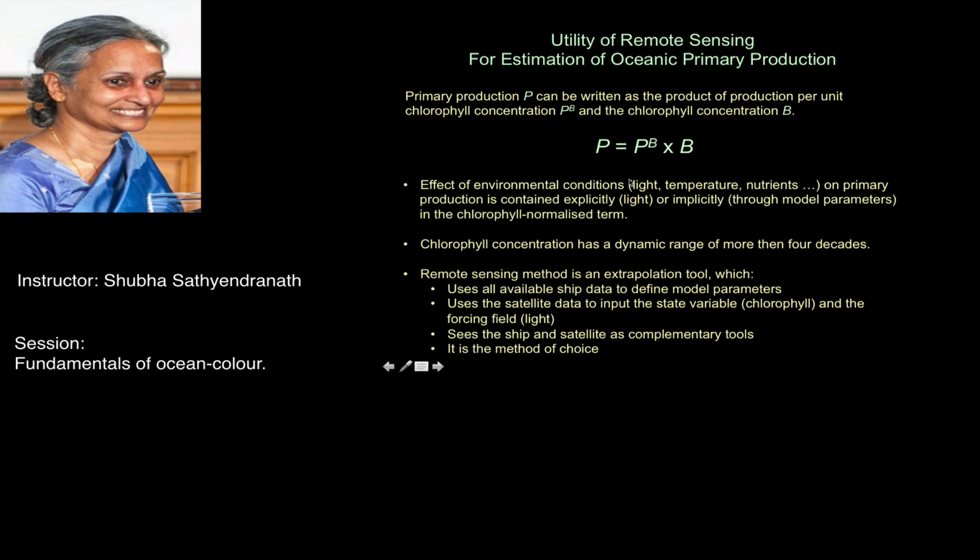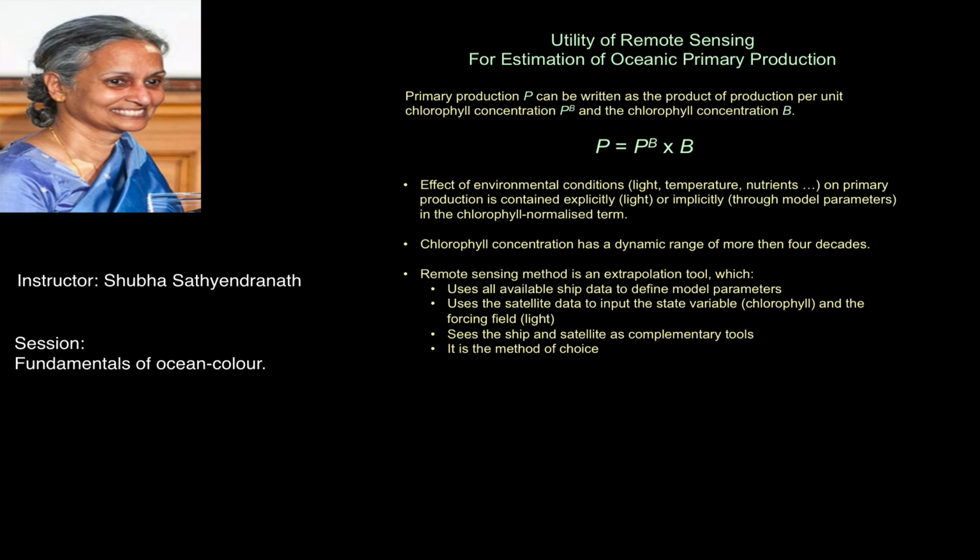You might wonder what we are doing about the effect of temperature and nutrients. And these effects have to be accounted for in how you assign your parameters. Then there is the light effect, and that you account for by using the surface light and a light penetration model.